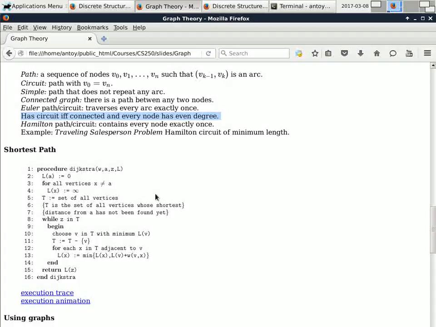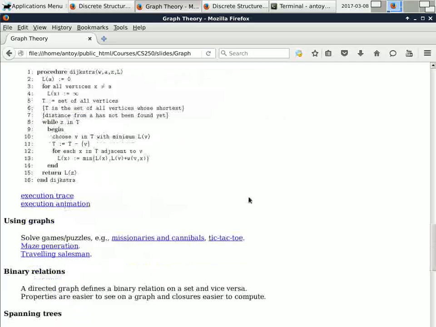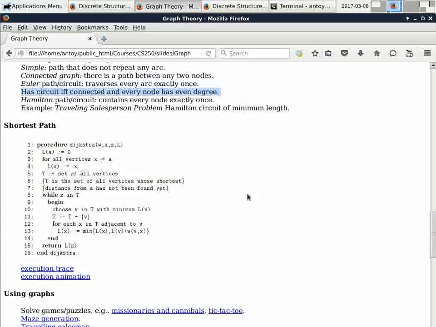All right. So now we do some algorithms. I'm sure a lot of you use Google Maps to know how to go from one place to another.